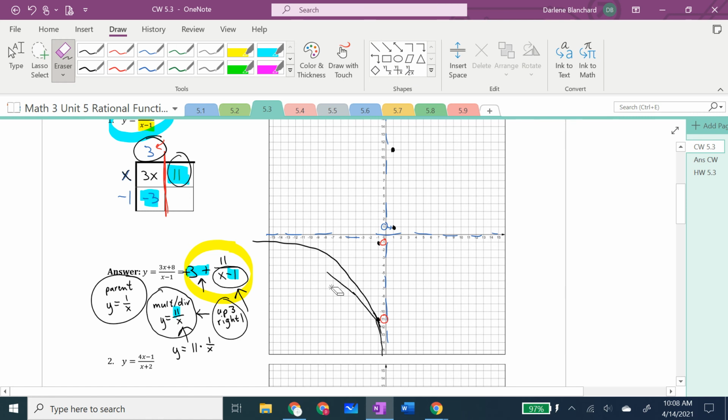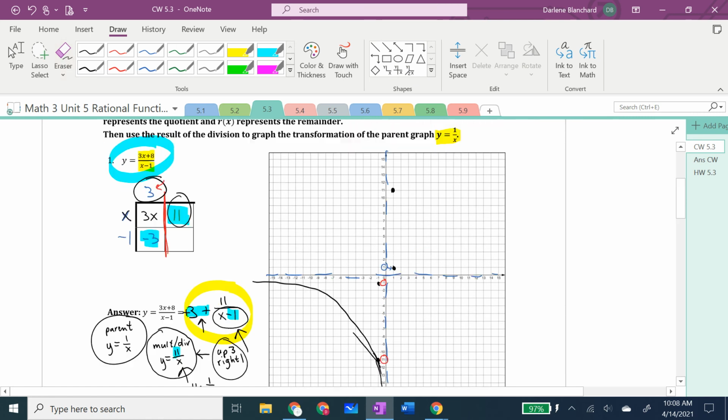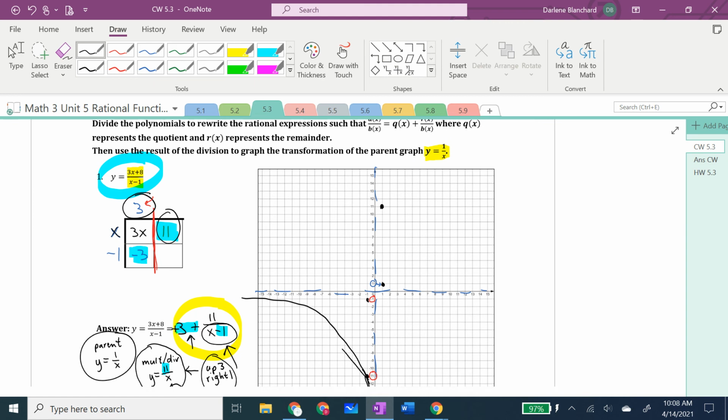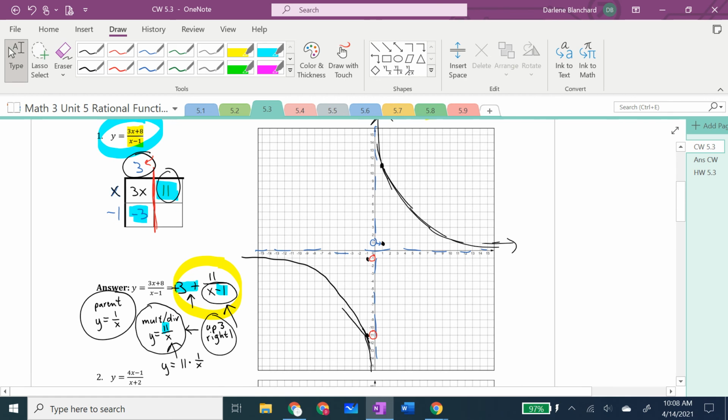I'm not going to expect you to draw me the perfect graphs. But realize that we have symmetry going on. So do you see how I have multiplied by 11? Okay. Yes.